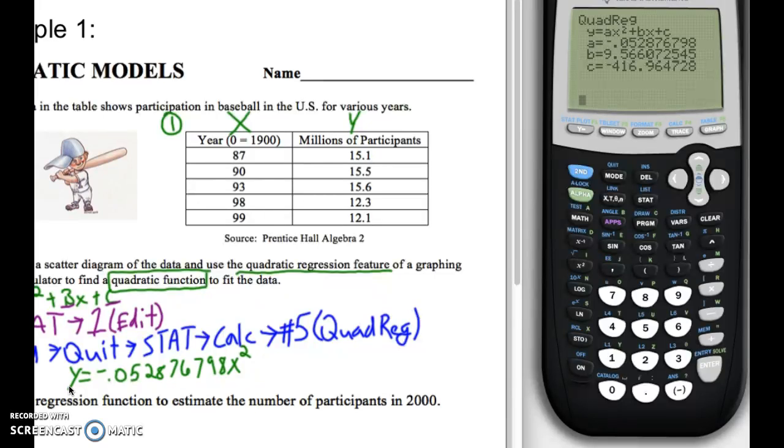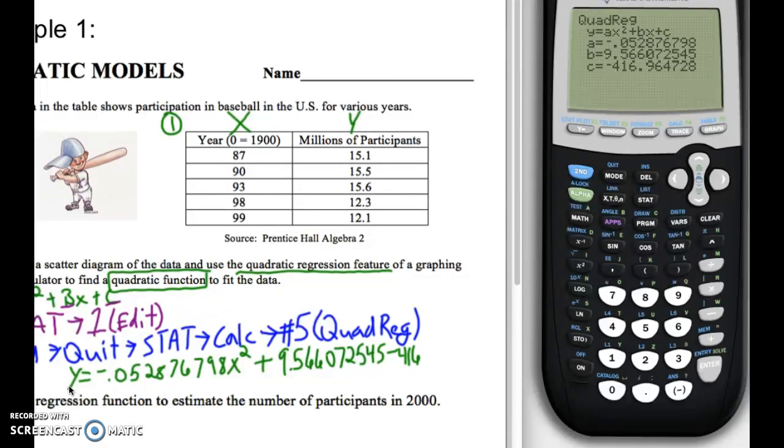Now my b term is positive, so I'm going to put plus. If it was negative, I'd put minus. B term is positive 9.56607072545. And finally, my c term is negative in this case, and so I'm going to write minus 416.